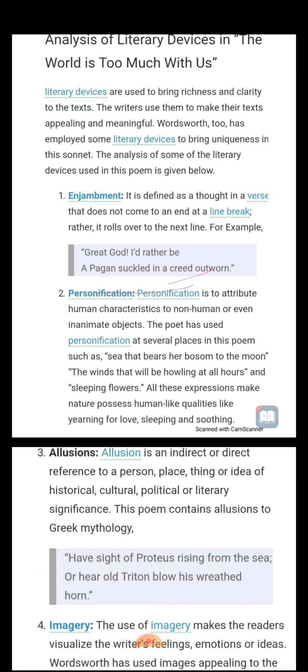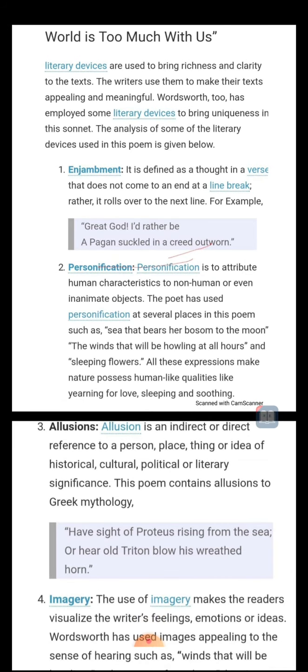Next is personification. When human qualities are given to non-human things or inanimate objects, that is known as personification.